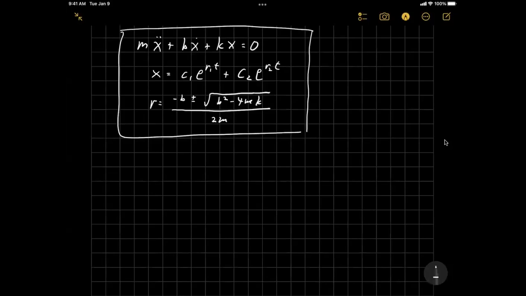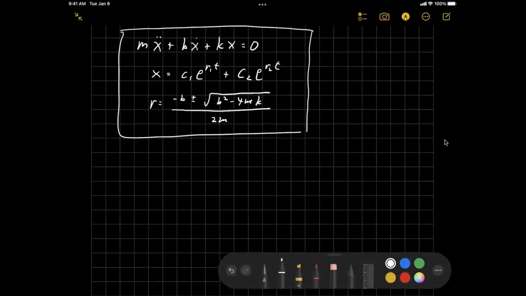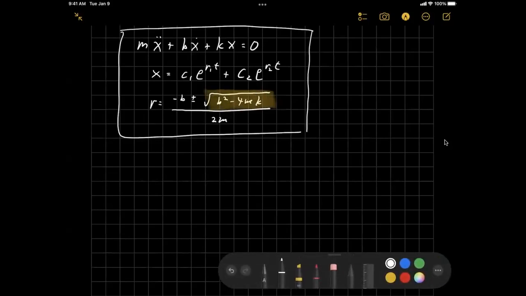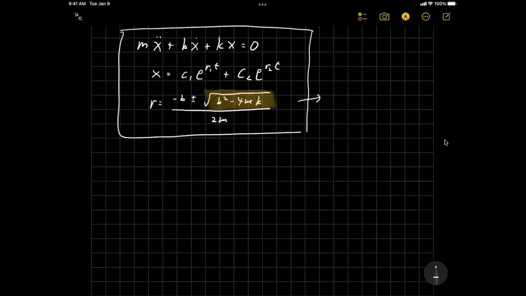So we know that things will get a little bit crazy when the radical is negative. We get complex answers when the radical becomes imaginary, and the radical is imaginary when b squared is less than 4mk. So when the damping is too low, this is going to become imaginary, and somehow that's going to lead to sinusoidal oscillations. That's what we want to explore in this video.